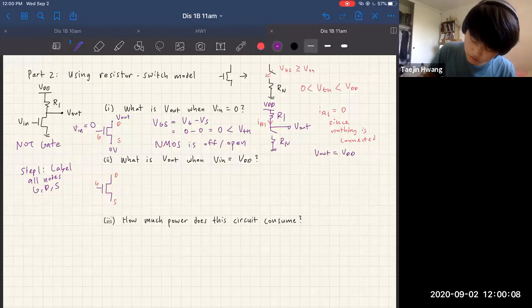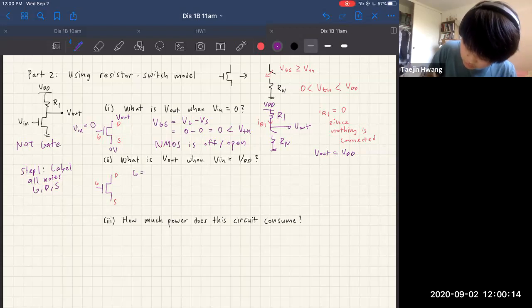We label all the nodes: the gate is equal to Vin, which is equal to VDD, the source is equal to 0, and the drain is equal to V out. So VGS is equal to VDD, which is now greater than the threshold.